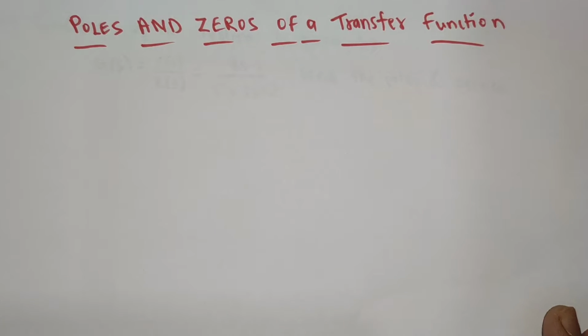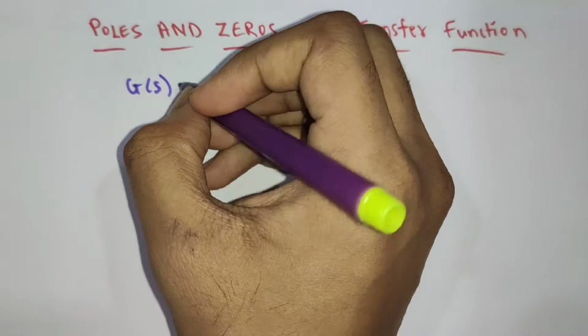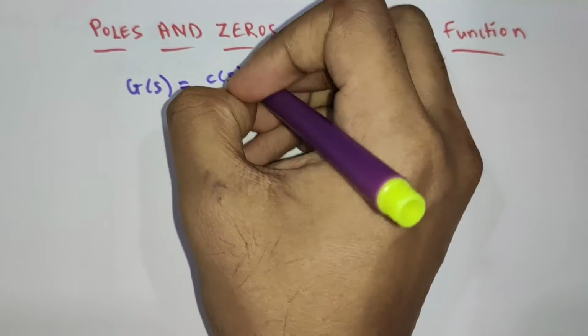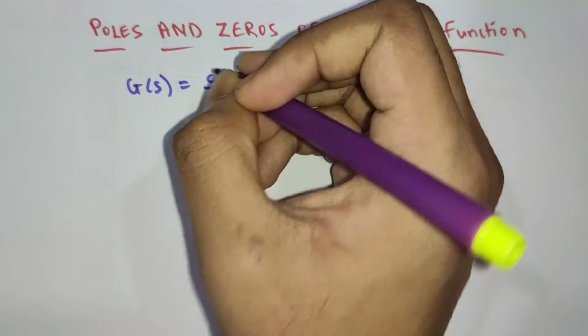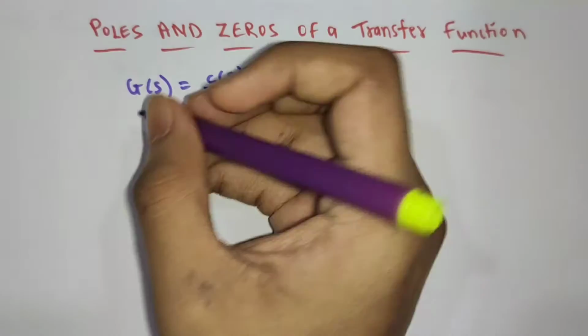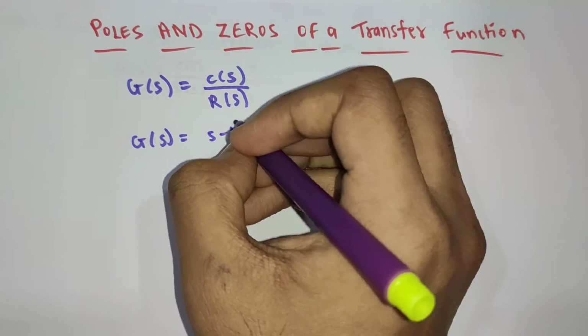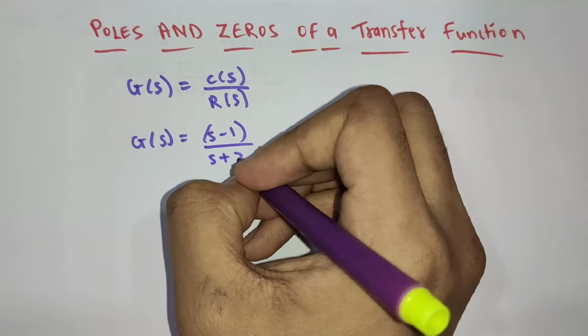In the previous lecture we have seen that the transfer function is given as G(s) = C(s)/R(s). This was the formula for the transfer function. Now suppose this transfer function is given as G(s) = (s - 1)/(s + 2).